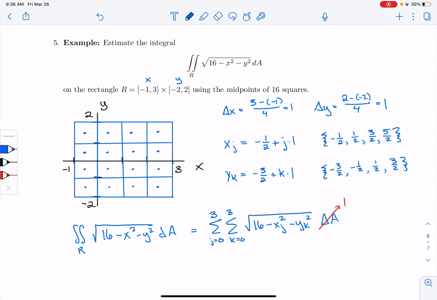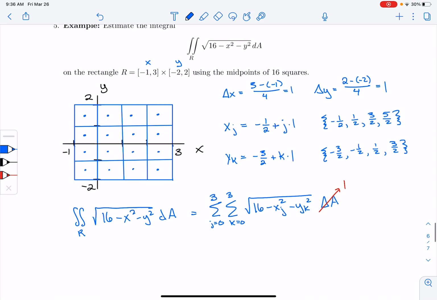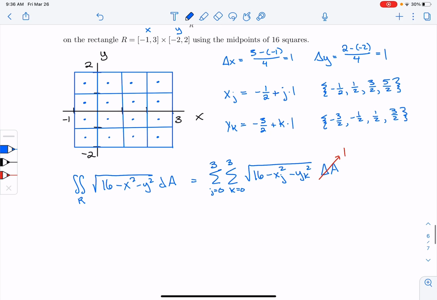And then just to get a sense of how this works, I want to start writing out the terms of the double sum. So I'm going to start by letting j be 0.